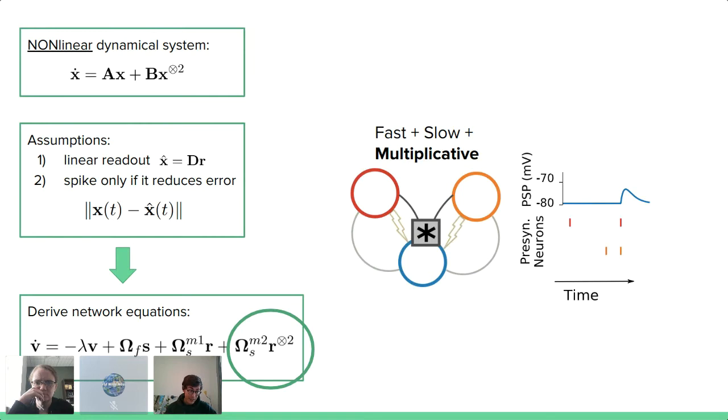So as you can see from this schematic, if each one of the presynaptic neurons fires in isolation, then nothing happens. Whereas if both of these presynaptic neurons fire together, you're going to have an effect on the postsynaptic voltage of the postsynaptic neuron. So you can think a bit of these synapses as coincidence detectors, and these are the synapses that effectively implement nonlinear computations in our network.